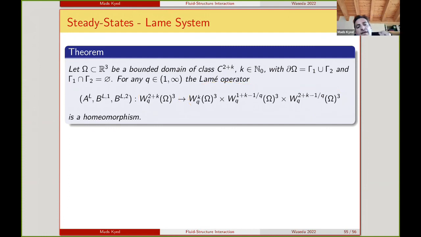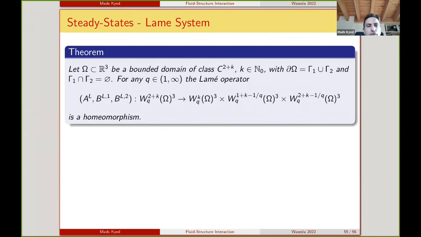So, okay, that was my goal with the talk today, to show this. Next week, I will show, and this is very easy now because this is the hard part in the steady state fluid structure interaction problem, that both systems, Stokes and Lami, act as homeomorphism in such a Sobolev L^Q setting.